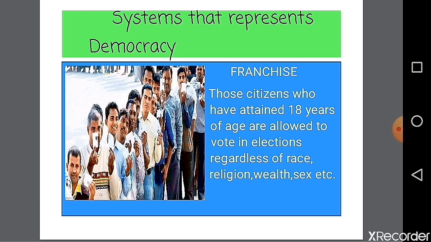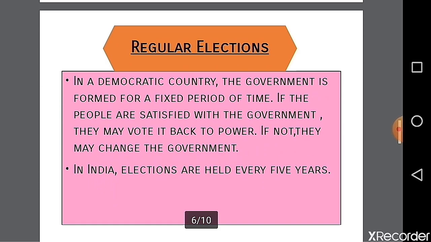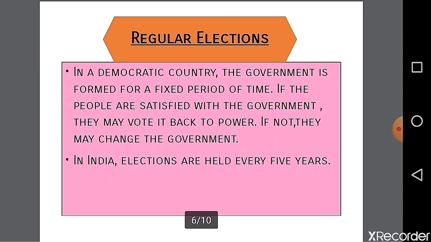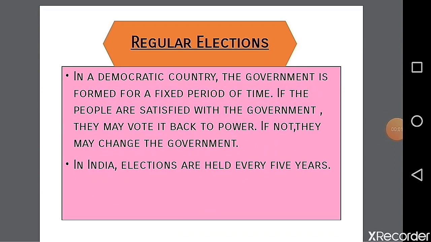Now let's move to the next topic, that is regular elections. In a democratic country, elections are held where people can participate to choose their representative. People's participation is necessary in forming the government.